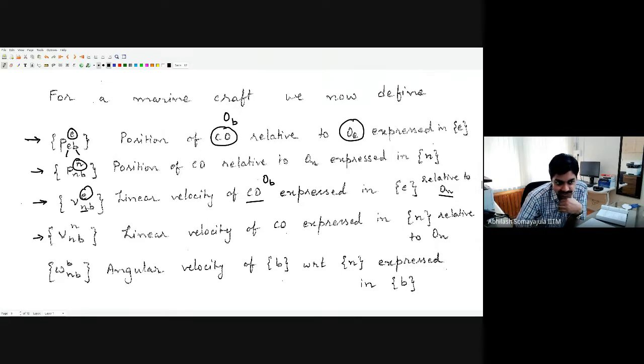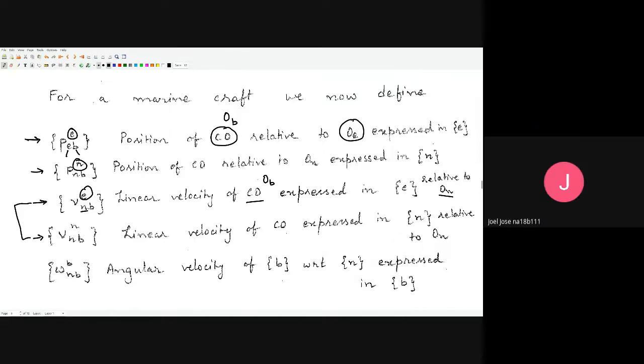Notice that these two vectors are actually the same vector. The only difference is that one is expressed in the E frame, the other in the N frame. So if I took the magnitude of both these vectors, they should be exactly the same. Is everyone with me so far? Only the directions are different, because of the change in the representation of the reference frames.